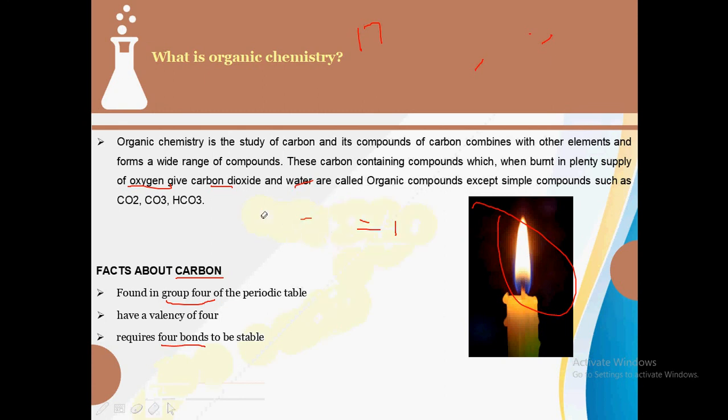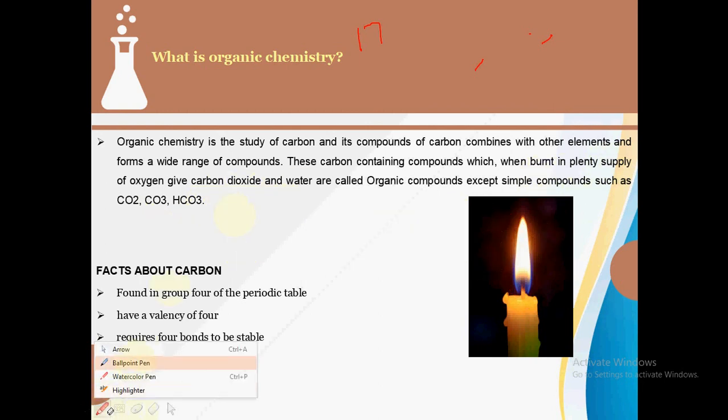Carbon can bond to itself repeatedly through single bonds, double bonds, or triple bonds to form large molecules. I can have carbon here being bonded to itself like that, and like that, and this means it can continue like that.